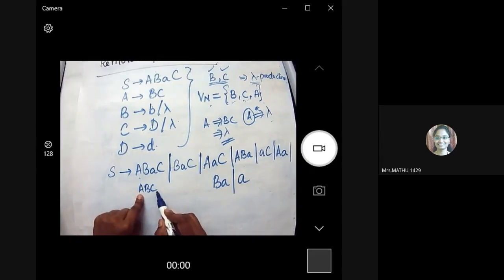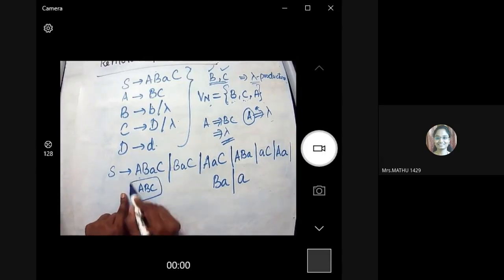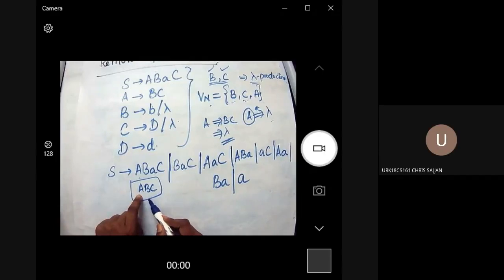Lambda. So this is the only exception while applying lambda.